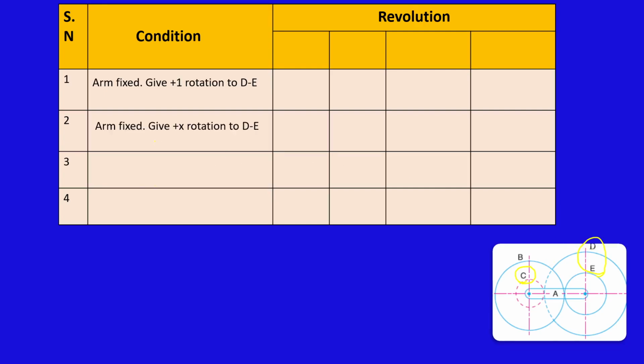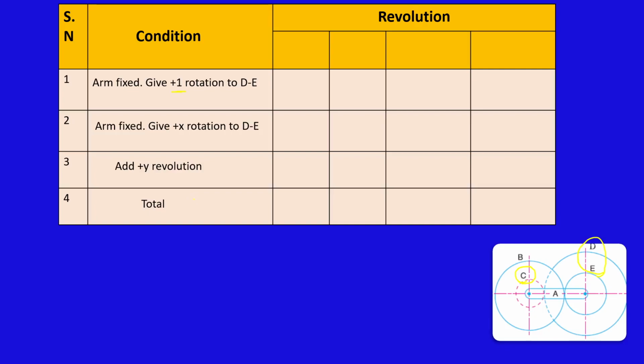Row 2 is similar to row 1. The only difference is we are giving plus X rotation instead of +1 rotation. Arm fixed, we are giving plus X rotation to DE. Then add Y revolution, then finally total. Usually, the reverted gear train or the epicyclic gear train has relative motion.